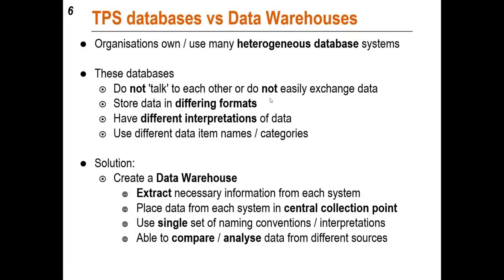Okay. So these databases supplied by different vendors are not going to talk to each other, because they are not designed to be compatible with each other, and that means it's not easy to exchange data between these databases, right?